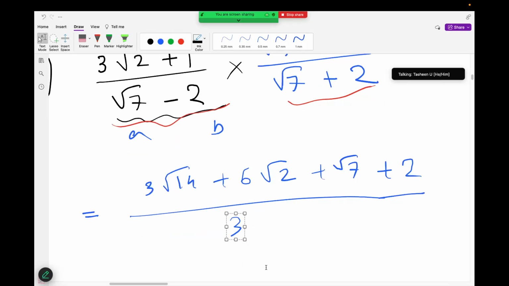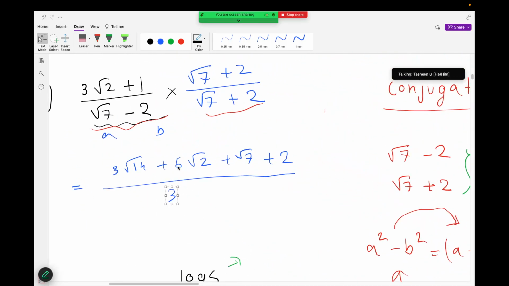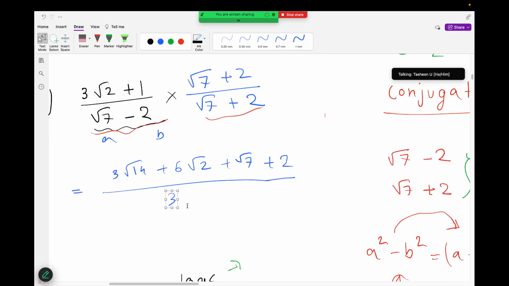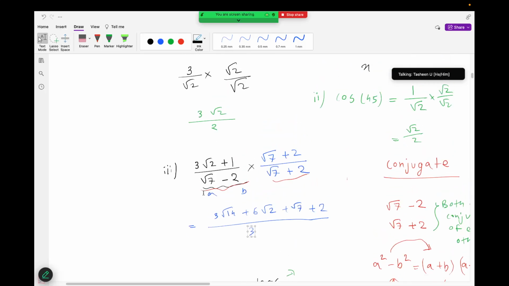If you make the calculations, you have to show the process. I'm just ignoring the calculation, and ultimately you would be successful in removing the so-called hated surds from the denominator, which is what we don't want. Are we good so far?